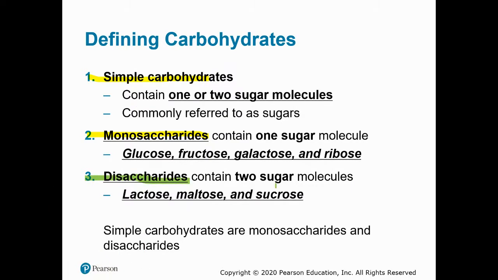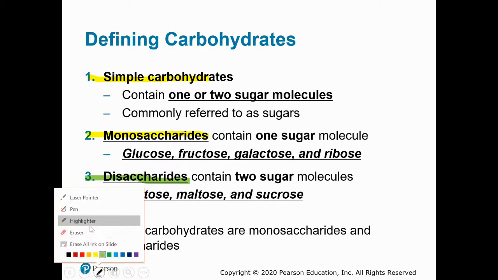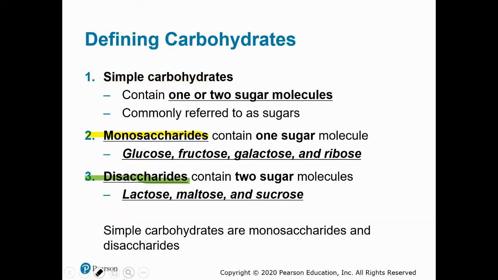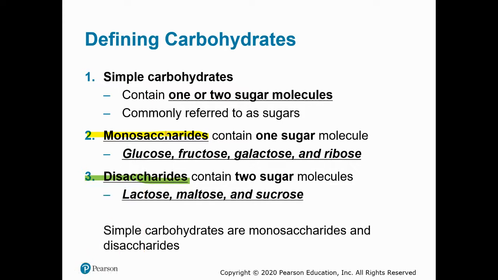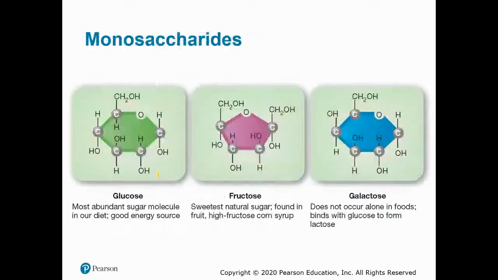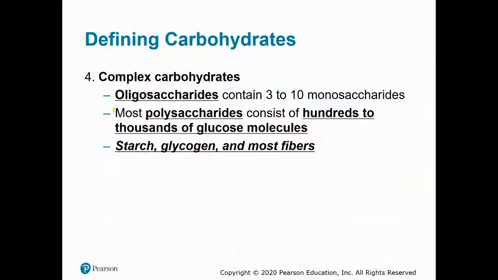So the 3 sort of subcategories of carbohydrate that I want you to understand are monosaccharides, in other words, a simple monosaccharide, it's called that. Let me erase this actually. Okay, this will make sense in a minute. So the 3 categories of carbohydrates are monosaccharides, disaccharides, and polysaccharides, or complex carbohydrates.